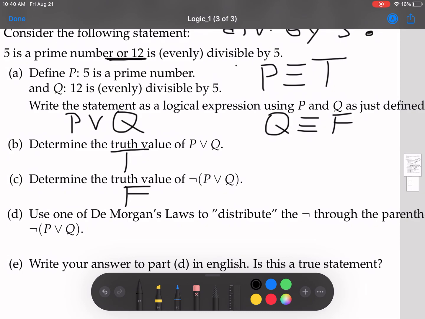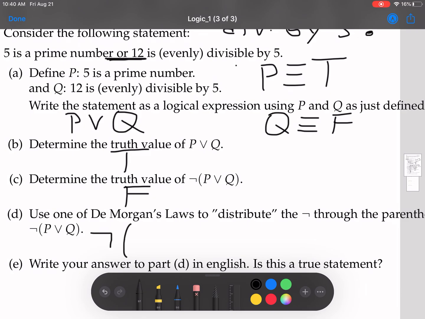So then you think about this: what does it mean to say that it's not the case that 5 is prime or 12 is divisible by 5? It's kind of a weird thing to sort through. So now we can use De Morgan's laws to help us sort through that.